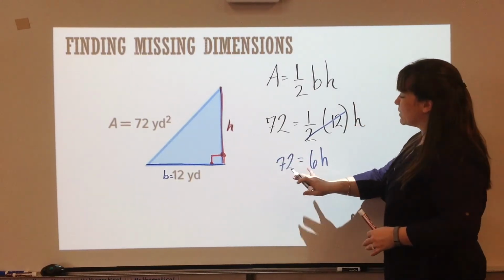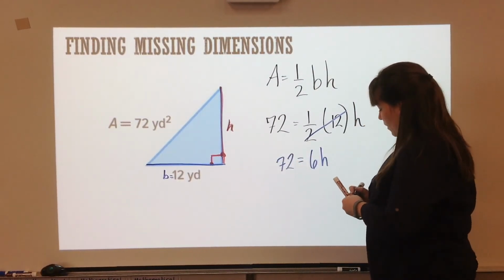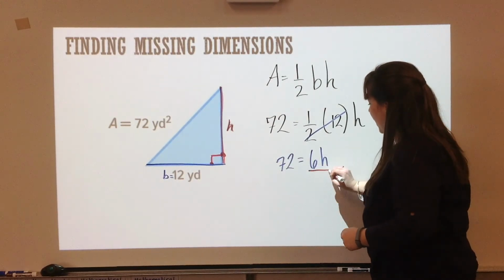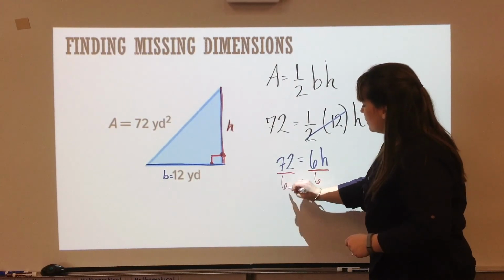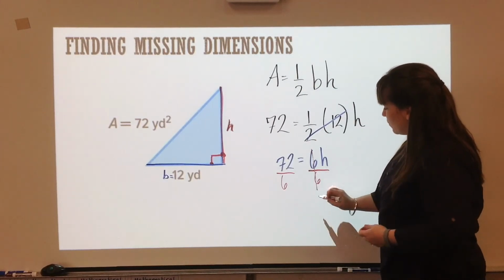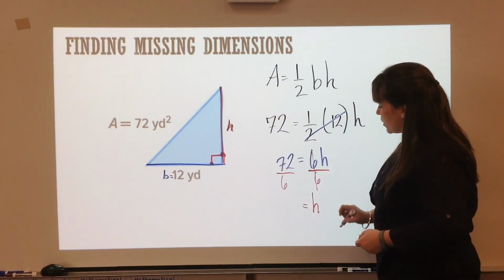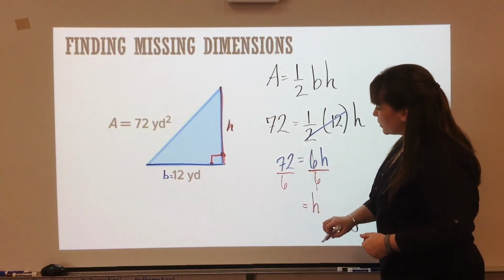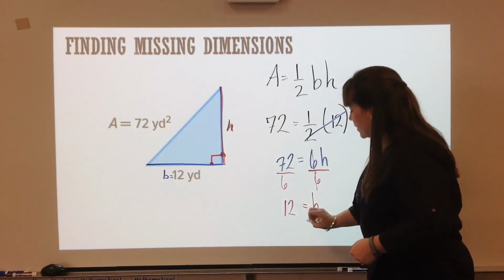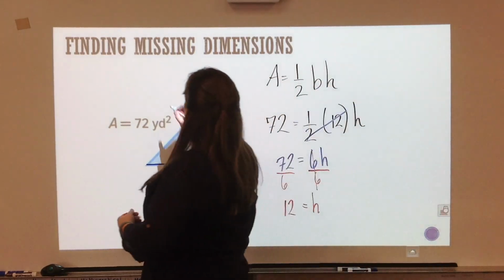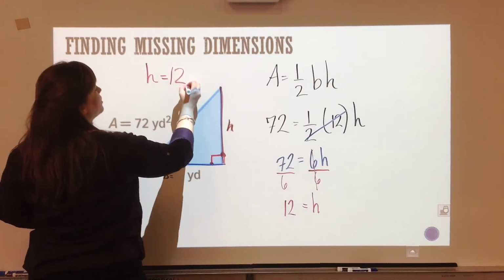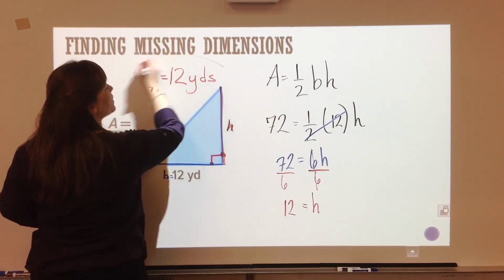Now we have 72 equals 6h. The next thing we can do is divide by that coefficient, which is going to leave you with just an h on the right. 72 divided by 6 ends up being 12. So your h for your last one is going to be 12 yards with our unit.